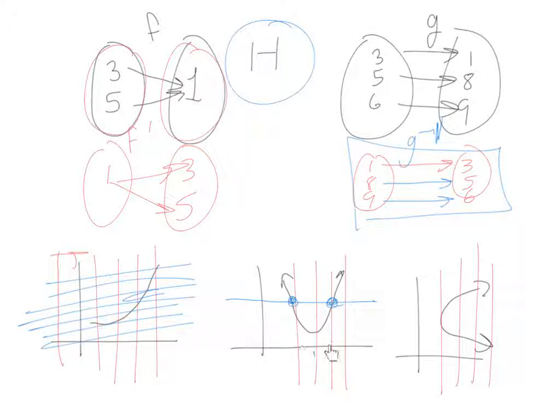So that one output is associated with two different inputs. So this is not going to be one-to-one. It failed the horizontal line test. This last guy doesn't even pass the vertical line test, so it's not even a function, so I don't have to worry about whether or not it's one-to-one.